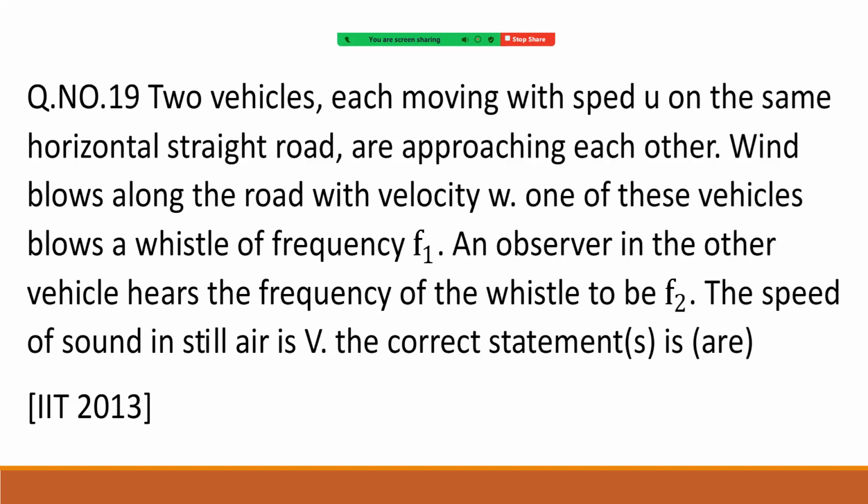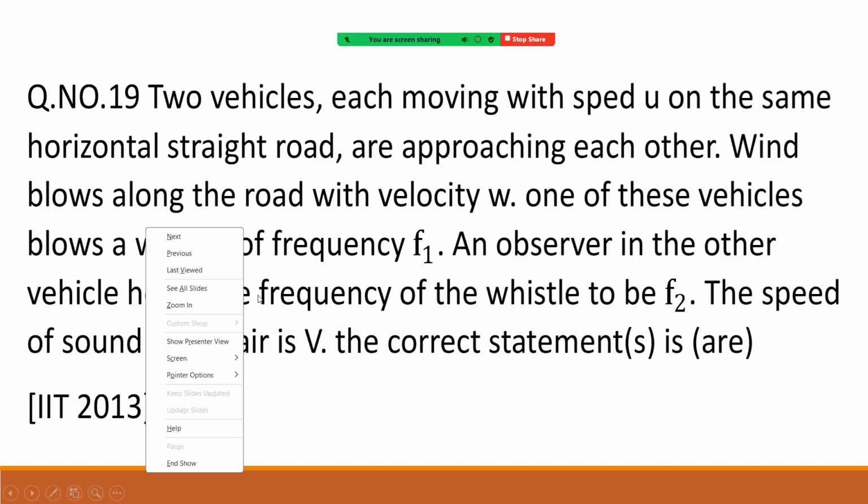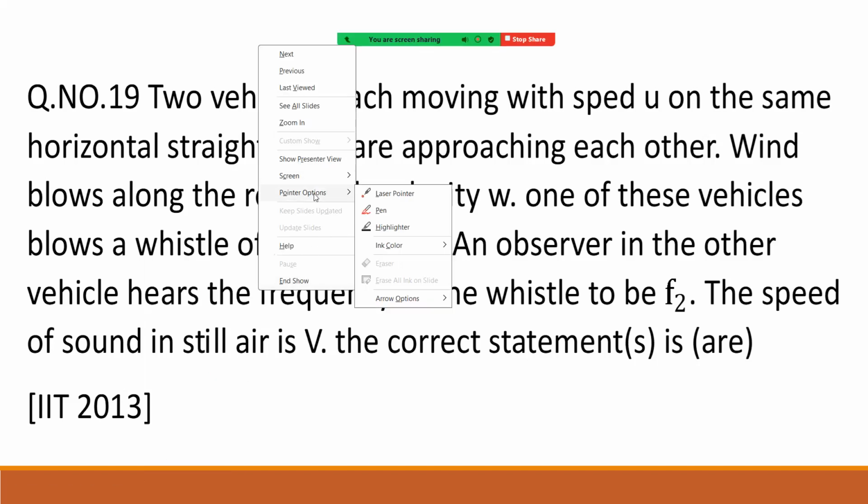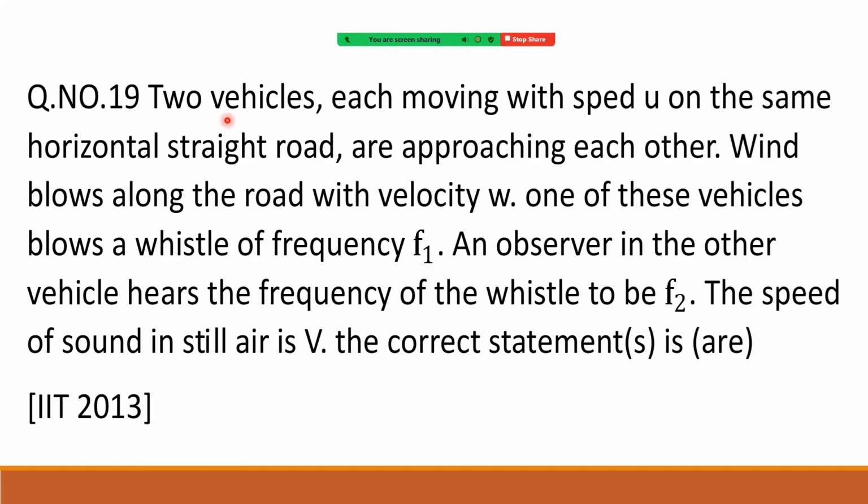See, first one: two vehicles each moving. Given two vehicles each moving with a speed u on the same horizontal straight road are approaching each other. Wind blows along the road with velocity w.